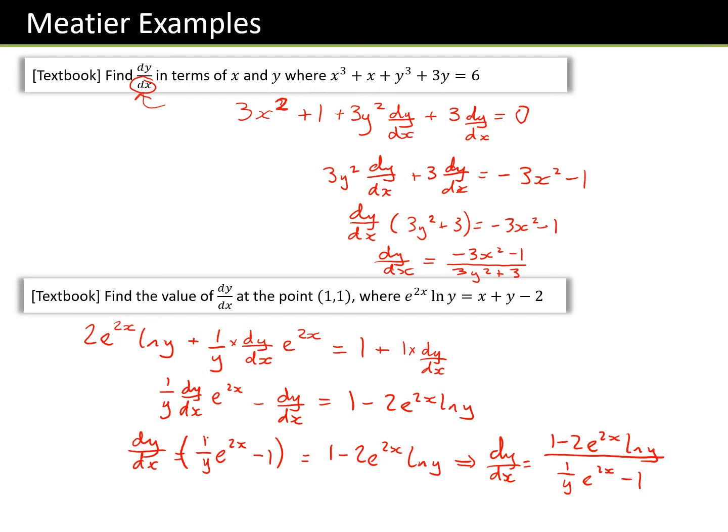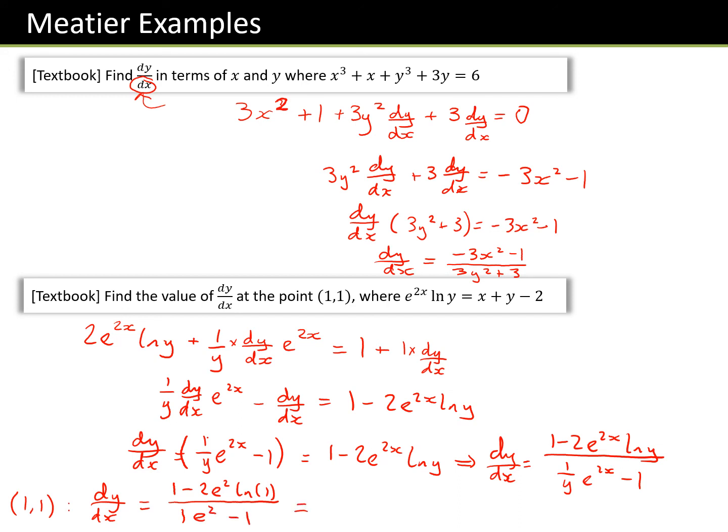We're evaluating at 1, 1. So dy by dx at that point, substitute those values in, so it's 1 minus 2e to the 2 natural log of 1 all over 1 e to the 2 minus 1.